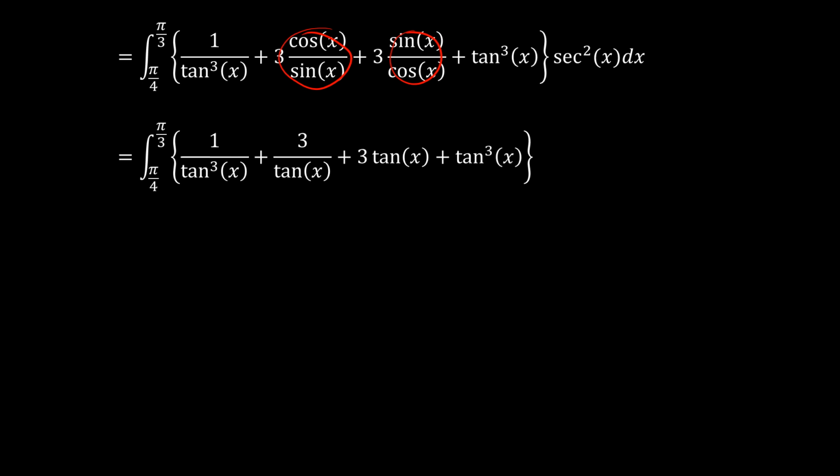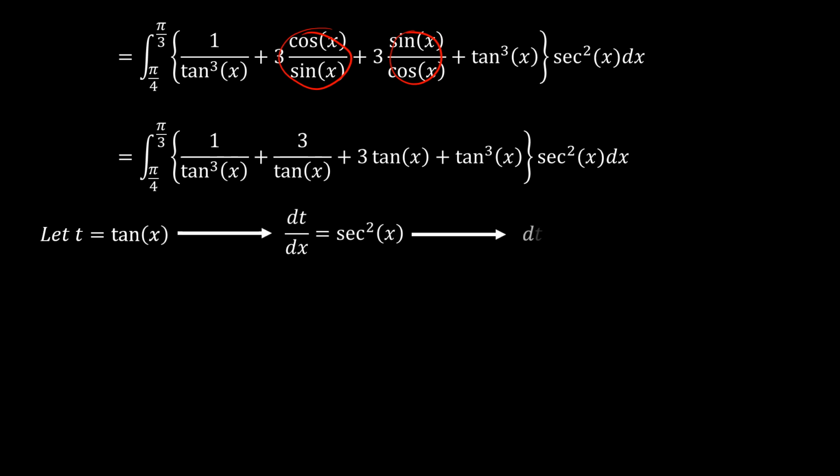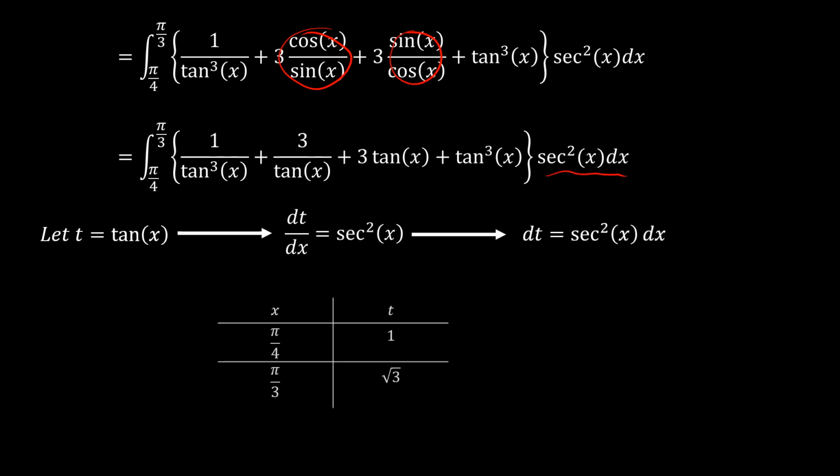So now we can easily substitute for tangent x. We say let t be equal to tangent x, and that means dt/dx is the same as sec squared x. That means dt can be substituted for sec squared x dx. And then for the limits, when x equals pi over 4, tangent x is 1.